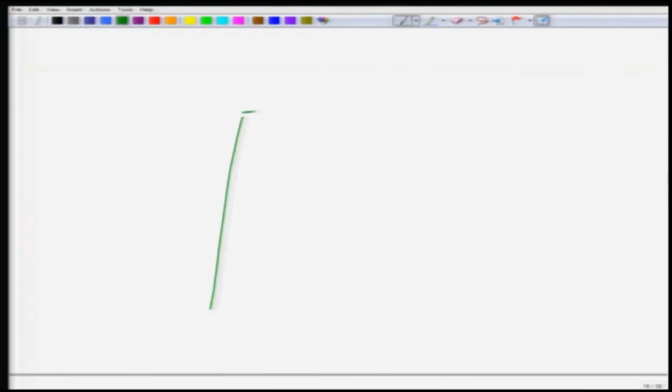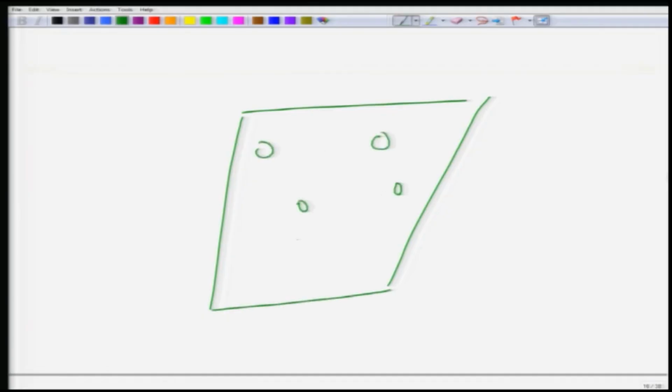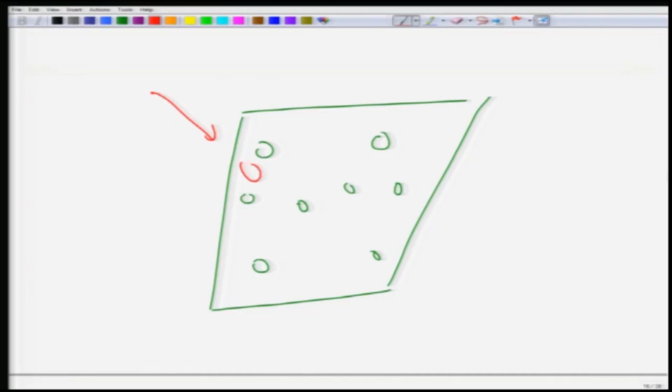So, you can have a mesh with these holes, and this mesh or this sieve is shaken and the seeds are dropped on one side. So, the larger size seeds will move past this mesh, but the smaller size impurities will go down from the holes.